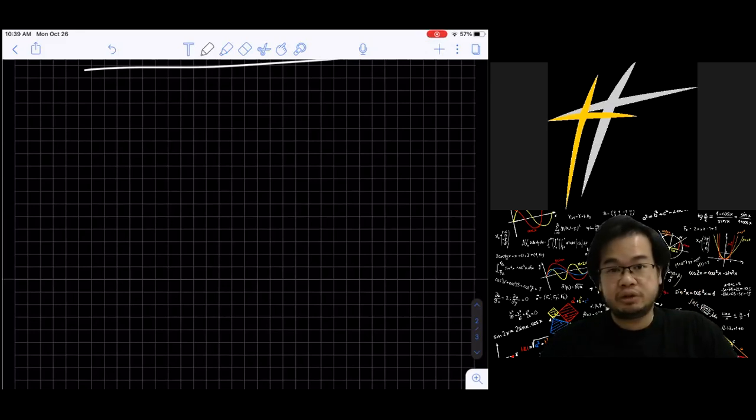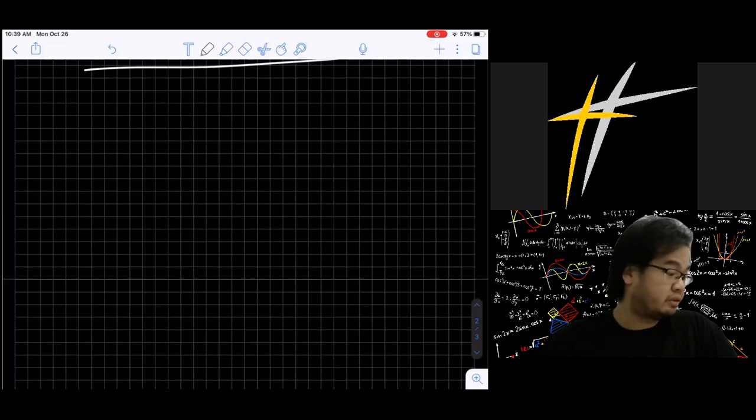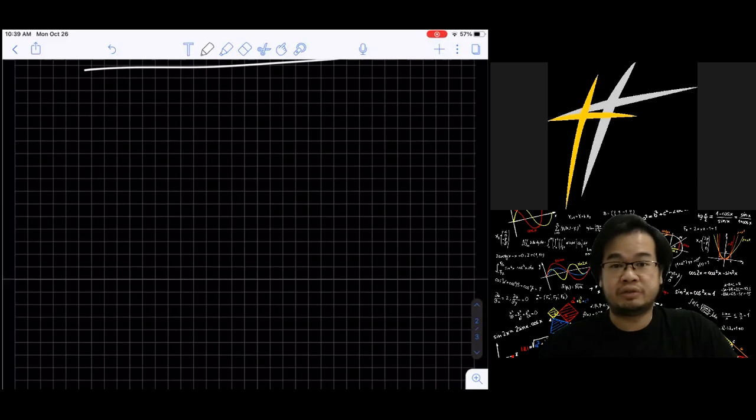If you still remember your algebra class about circles, the general equation of a circle is (x minus a) squared plus (y minus b) squared equals the radius squared, right? So x squared plus y squared equals 25 is a circle with a center of (0, 0) and a radius of 5.